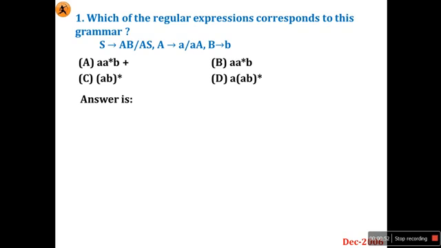They have given three productions: S goes to AB and AS. A is a production, one more production, A goes to aA or a. B is one more production, B goes to b. They have given three productions. It generates the expression a star b plus, or a star b, or (ab) whole star.